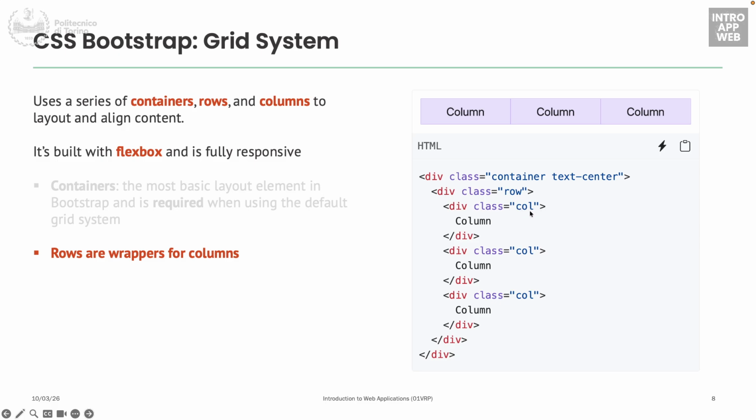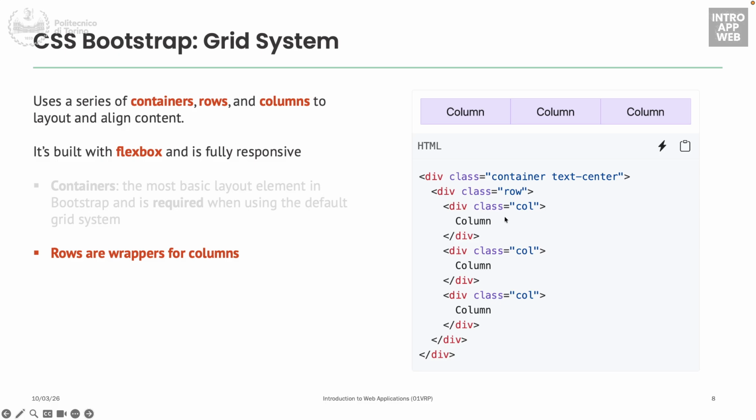Why do you think it behaves like this? Because let's remember that Bootstrap is built having Flexbox in mind. So it is built over the flexbox display. It's basically replicating what we can do with flexbox, but by using these classes.